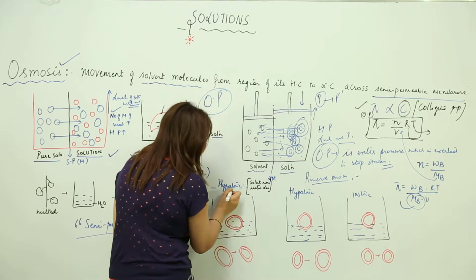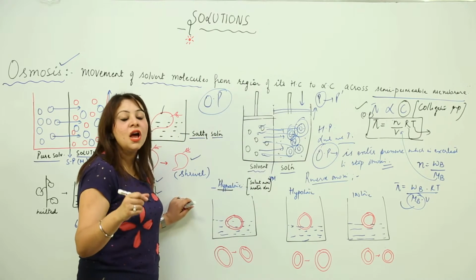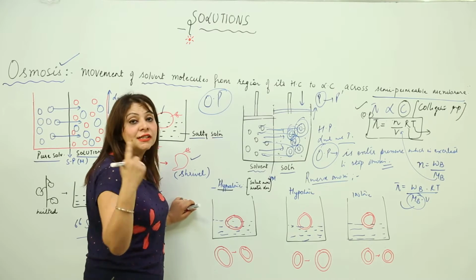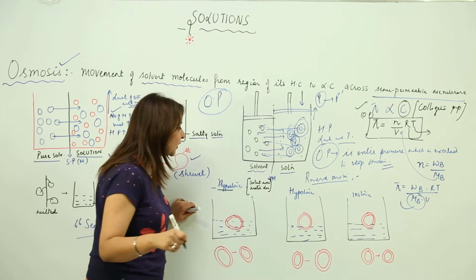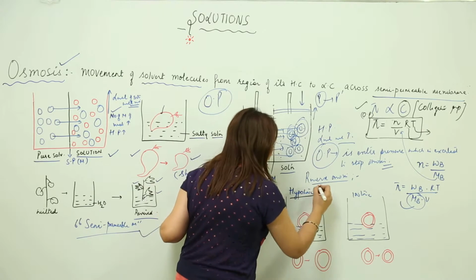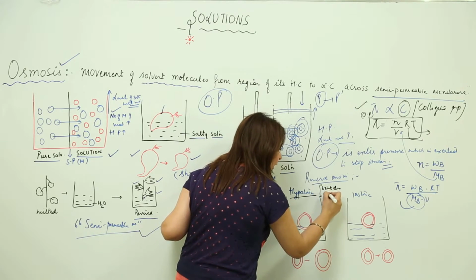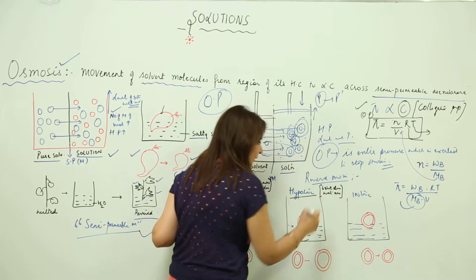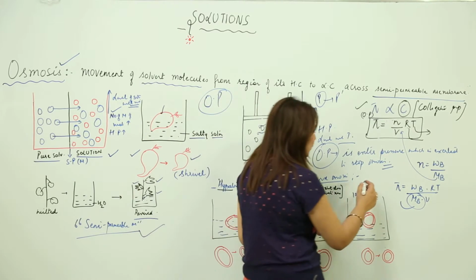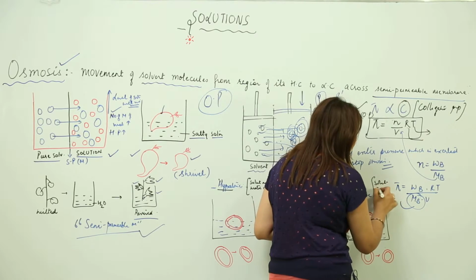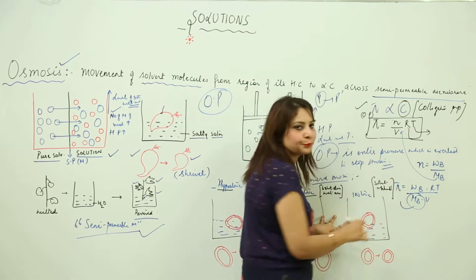I repeat, hypertonic means solute is more and comparatively water is less. That means it is a concentrated one, not a dilute one. But in hypotonic, solute is less and water or solvent is more in quantity. And in isotonic, the concentration of solute and solvent are almost the same.